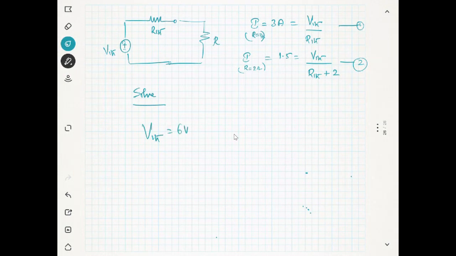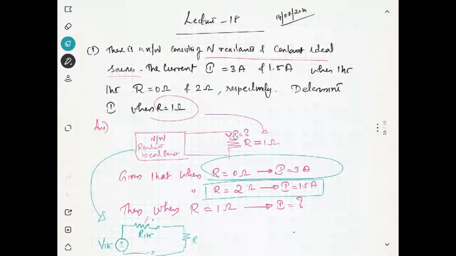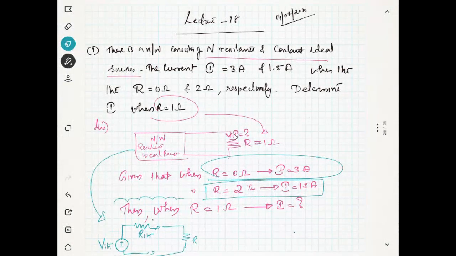So just solve these equations, and you will get V Thevenin. I will write the answer. I don't want to waste the time. This is 2 ohms you will get. Now after finding this V Thevenin and R Thevenin, you have the 6 volt here and 2 ohms here. Now you want to find what will be the current when R equal to 1 ohm.